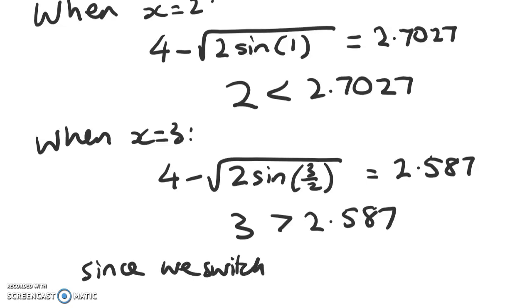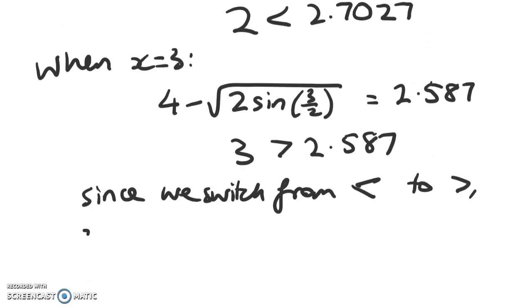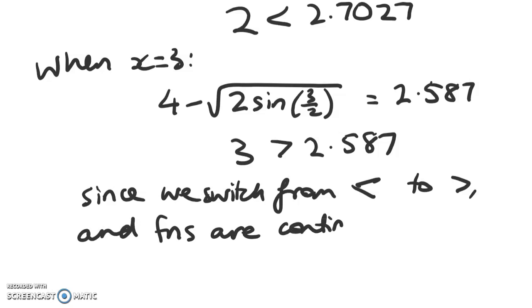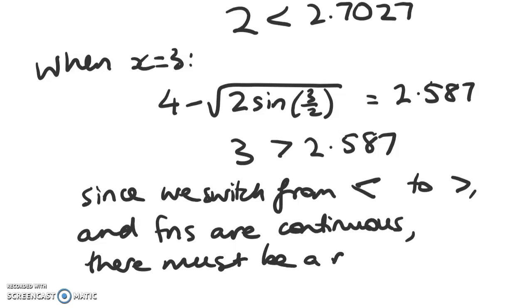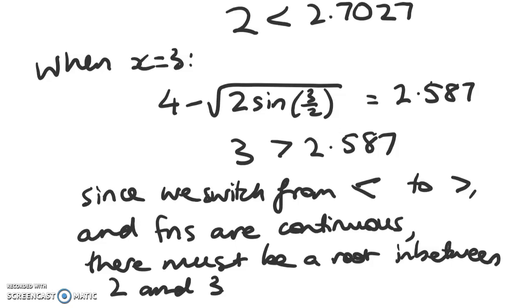So since we switch from that to that, and the functions are continuous on each side, then somewhere in the middle we must have an equality. So there must be a root in between 2 and 3. So that's one way to do this question.